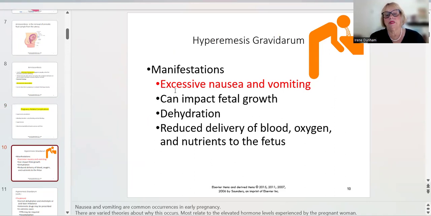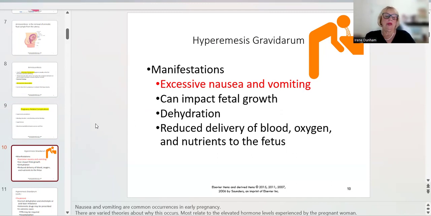Hyperemesis, like I said, excessive nausea and vomiting. Okay. There is a question on exam number 1 on hyperemesis gravidarum. And it's just dehydration, electrolyte imbalance. It can impact the fetal growth. This is where you get a lot of SGA babies or IUGR, intrauterine growth restricted babies, because mom just doesn't get the nutrients that she should get.